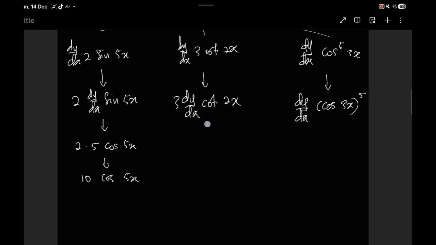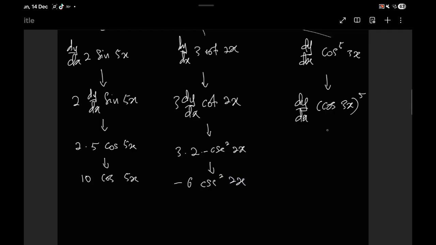Next we have the cotangent. 3 is the constant, times, we got k here which is 2, so 2 times the derivative of cotangent, which is negative cosecant squared, so negative cosecant squared 2x. If you tidy it up a bit, we get negative 6 cosecant squared 2x.